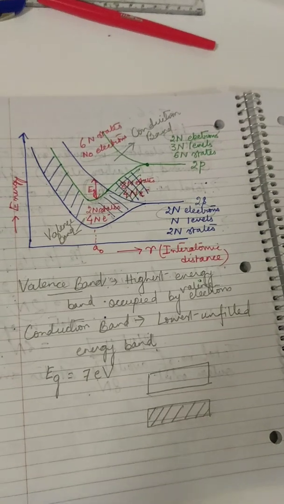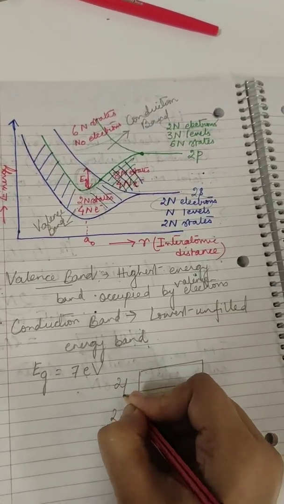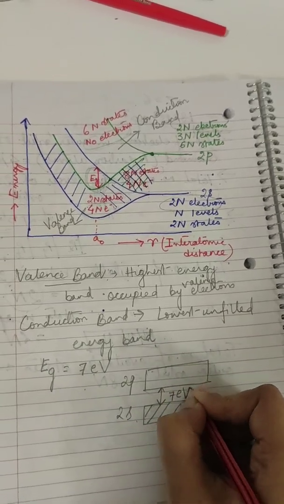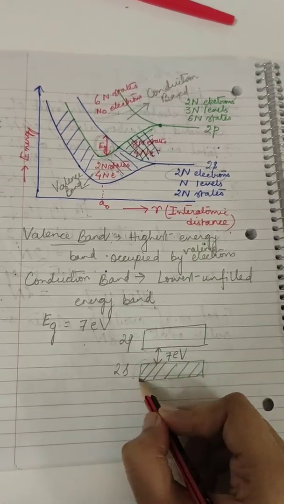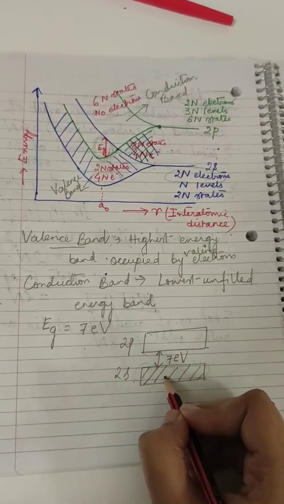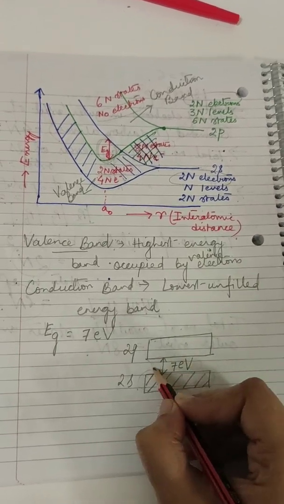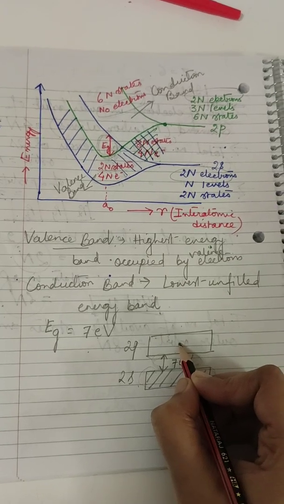So the 2s band is filled, and this is the valence band, and the 2p band is empty, and there is an energy gap of 7 electron volt. Since this is filled, at room temperature the valence electron cannot cross this high 7 electron volt energy gap and go to the conduction band.